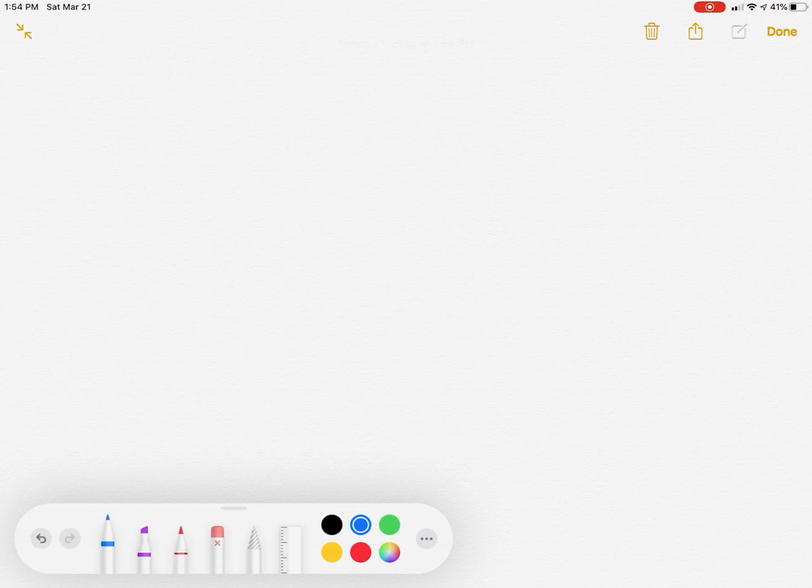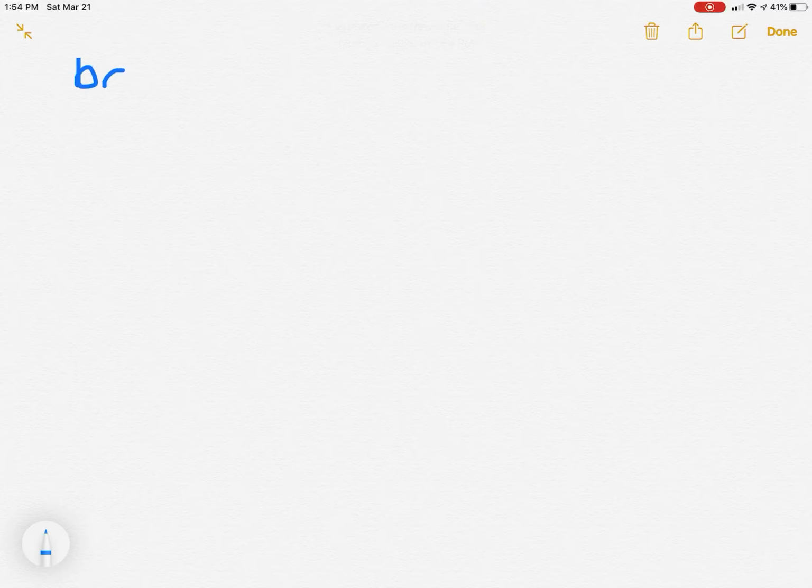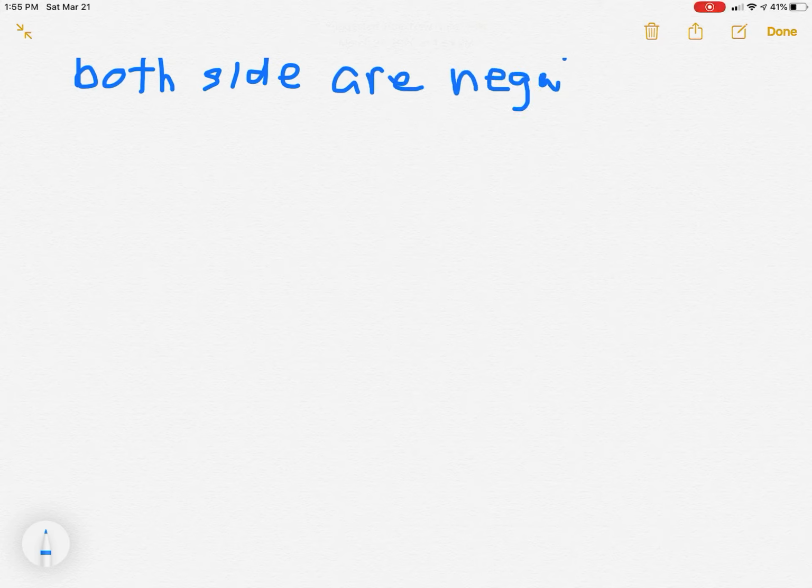Okay, so now that we've done those, let's write some rules here. If both sides are negative, the answer is going to be positive.